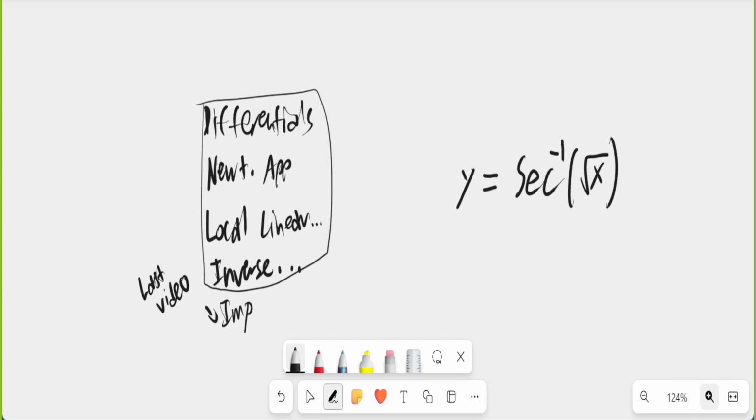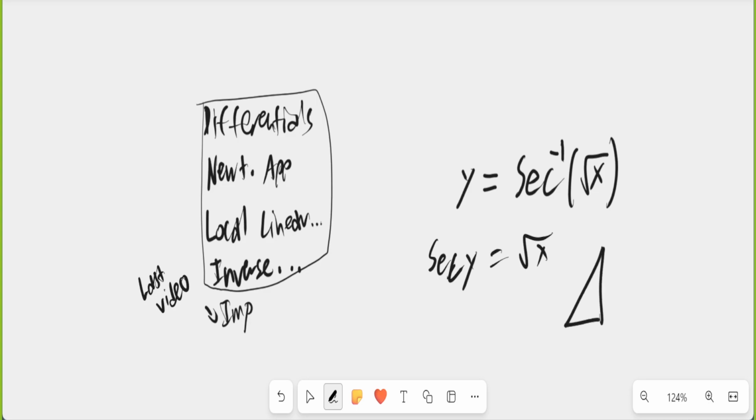Give me 1 second. Where's the undo button? Oh, it's down here. Okay. So secant y is equal to root x, right? So what is secant? 1 over cosine, so that's hypotenuse over adjacent, so square root x over 1.